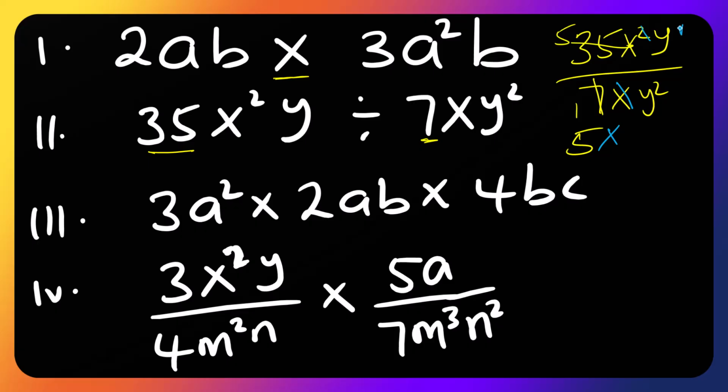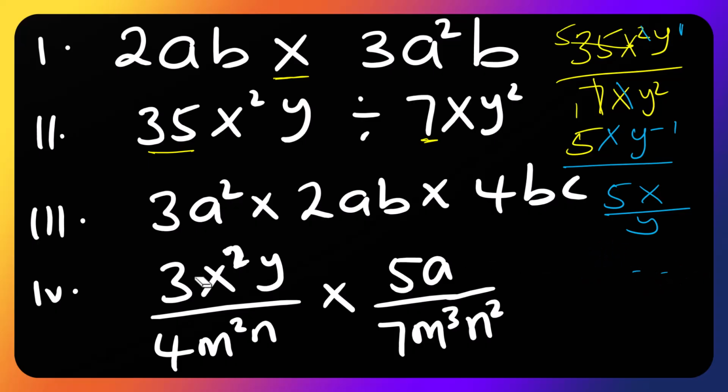This one is division, so we only subtract the powers: 1 minus 2 is negative 1, so we have y exponent negative 1. So we have 5x y to the power of negative 1, which is the same as 5x over y.